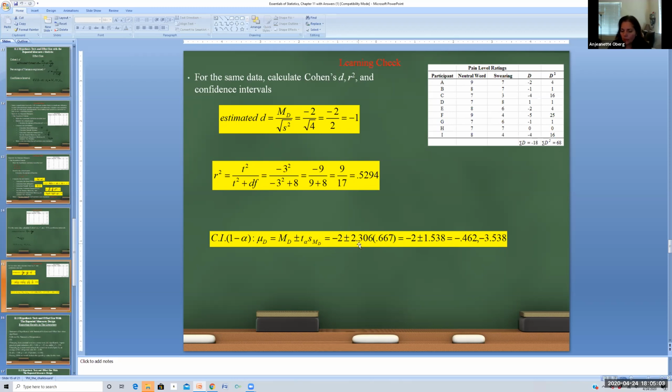First I plug in the number I calculated earlier, so I say negative 2 plus the t value that I use, which was 2.306, times our estimated standard error, not variance. I get one boundary, and then I do that again, but now I minus it. One way I plus it, one way I minus it, and I get my boundaries, okay?